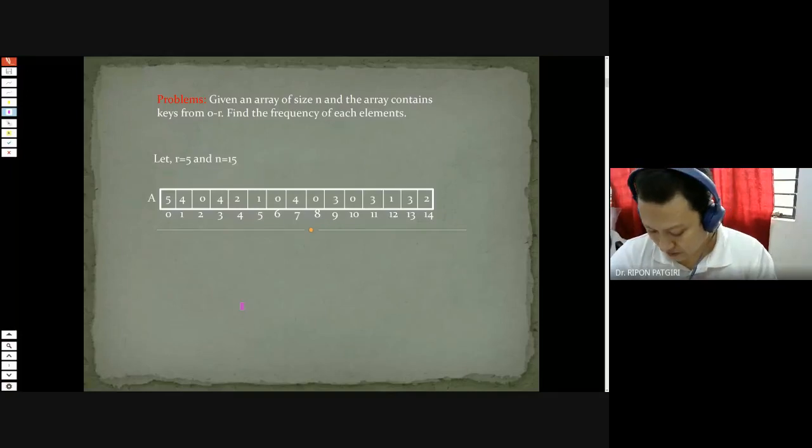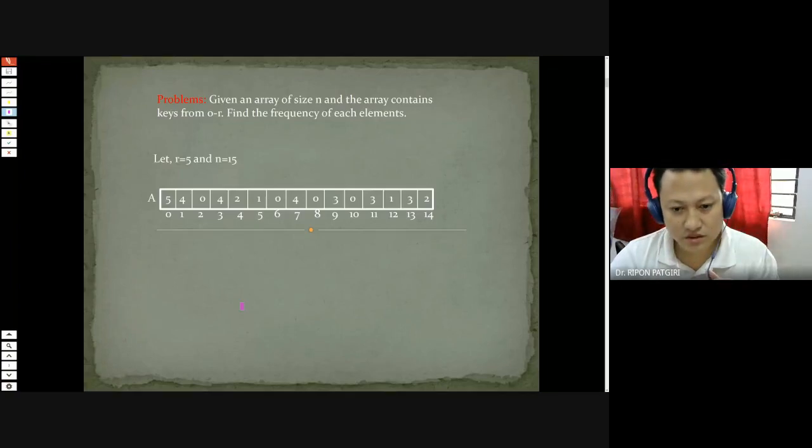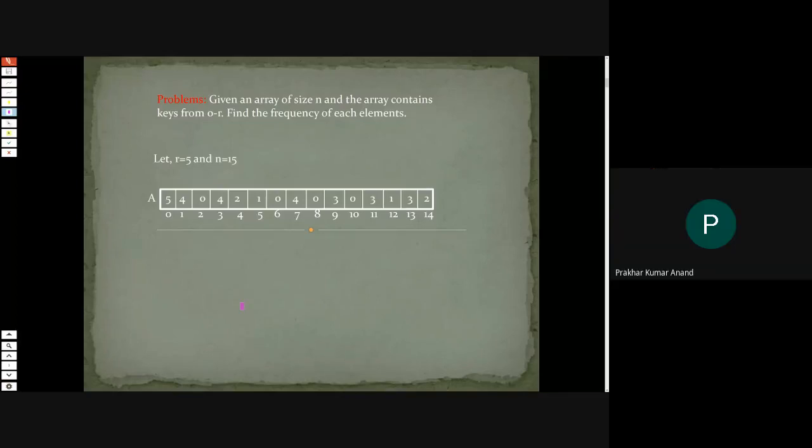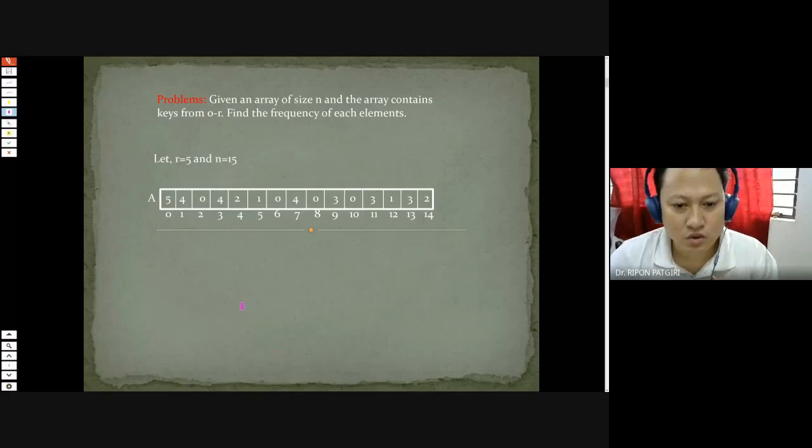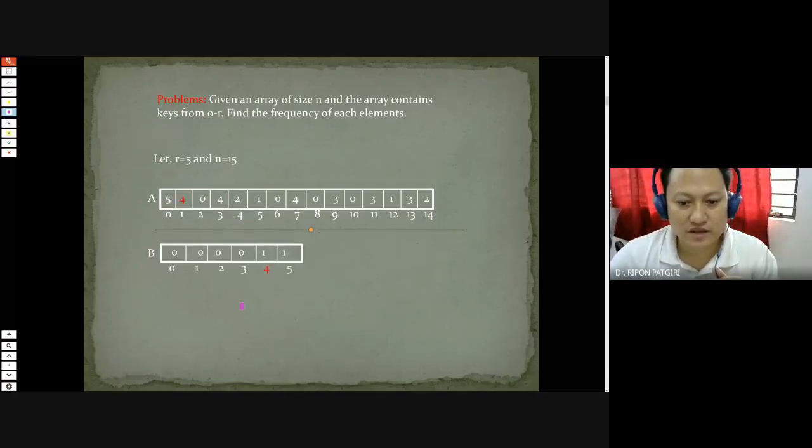So Mehul, is there Mehul? Prakar Kumar Anand? Prakar? Hello, sir. What is the problem with this solution?